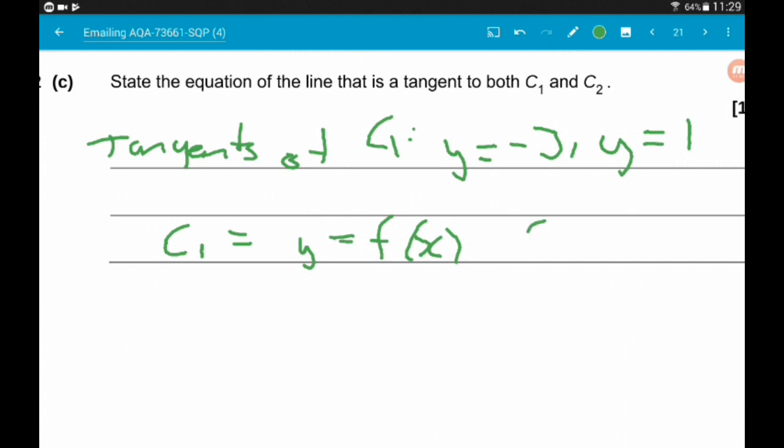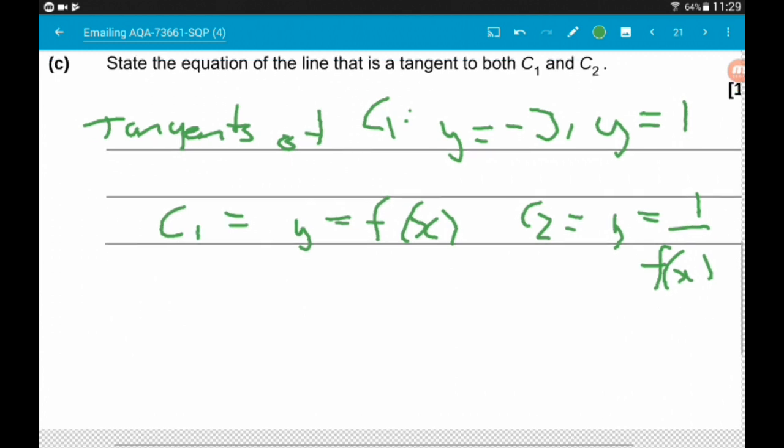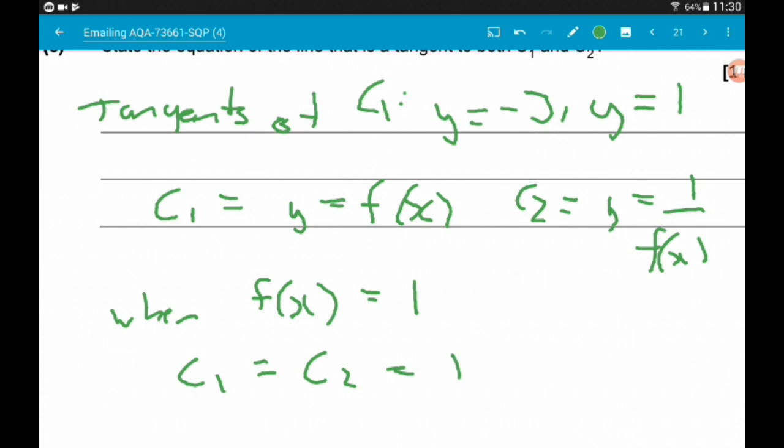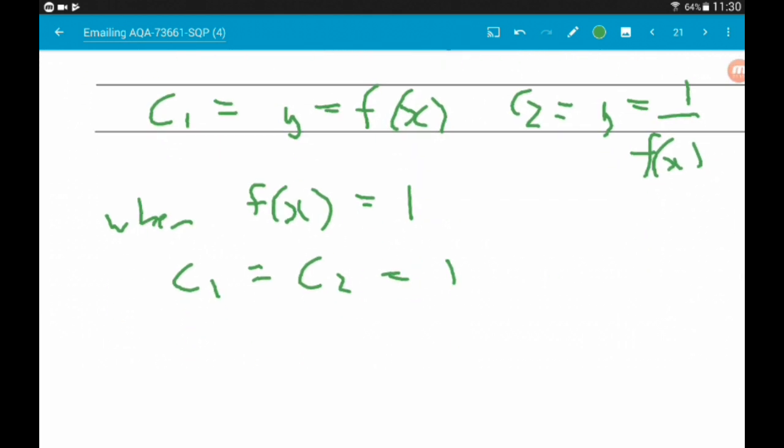C2 is y equals 1 over f of x. So when f of x is equal to 1, C1 is equal to C2, which is equal to 1. So the equation of a tangent is y equals 1. It's the only one it can be.